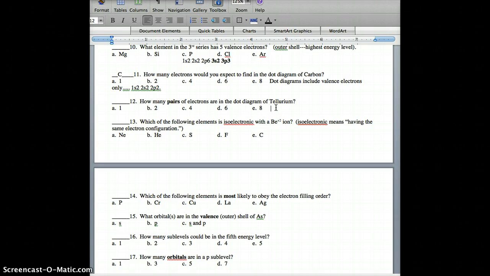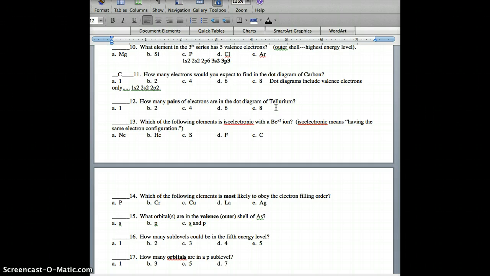Tellurium, in number 12, we're looking for pairs of electrons. Tellurium has 6 valence electrons. You would know that by writing the configuration, or by now you may be picking up on the fact that you can count the tall columns on a periodic table. The hydrogen column, the alkali metals, all have 1 electron in their outer shell. The column that starts with beryllium at the top has 2 valence electrons.